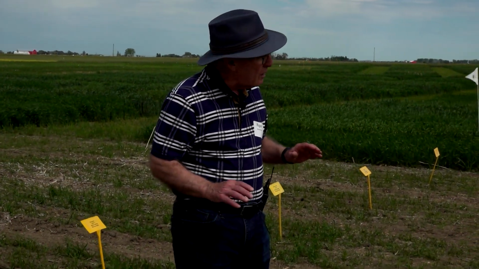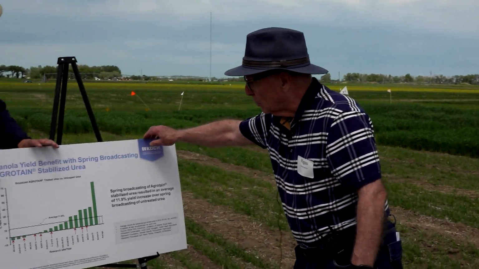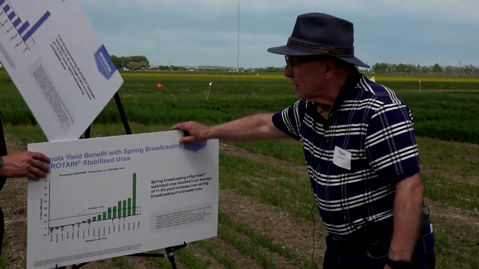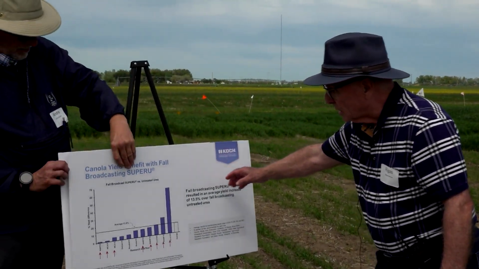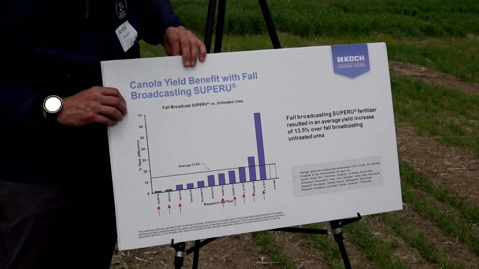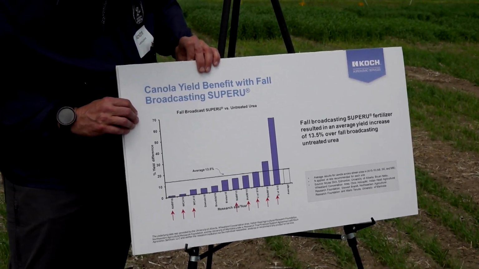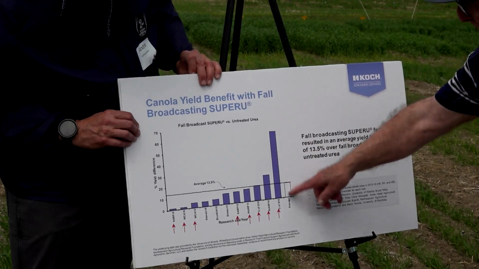Now, I agree that at the beginning of the season, it's very hard to tell what's going to happen. But at least be cognizant of the fact that there has got to be the right conditions in order to get an effect. And this second one is from the same sites where we used Super U. And you can see, this is from the University of Saskatchewan.